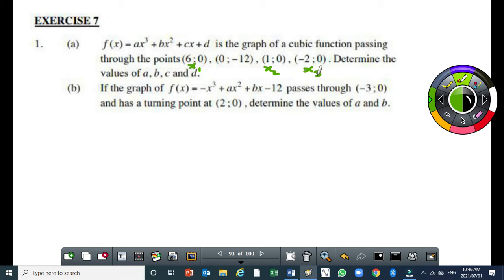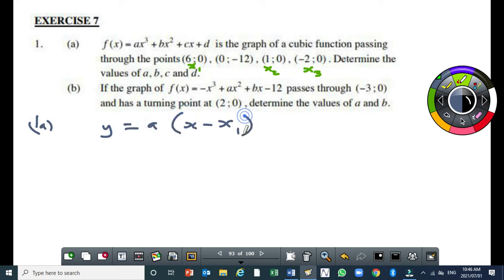Okay, so the question says determine the values of a, b, c, and d. We need to find those coefficients. It's not complicated. So what you do, first, you write the general equation y equal to a times x minus x1 times x minus x2 times x minus x3, like that.